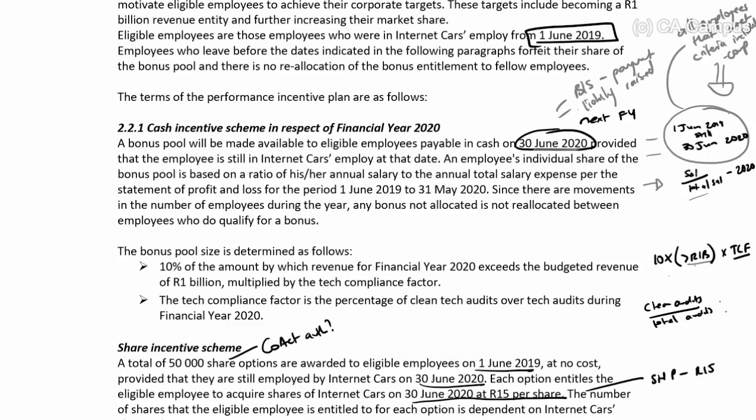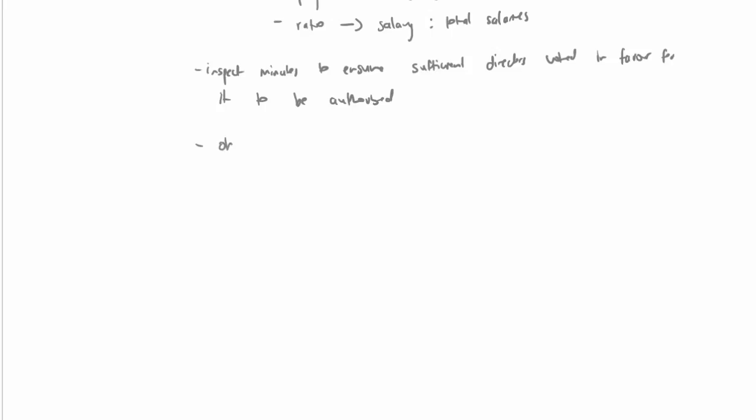And then I want to test that on the calculation these employees are valid. They did actually meet those. So I want to do a completeness and an occurrence check of the employees that have been included in the calculation.